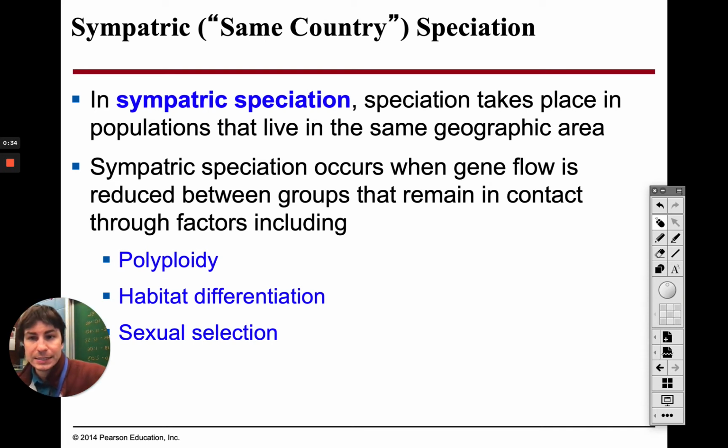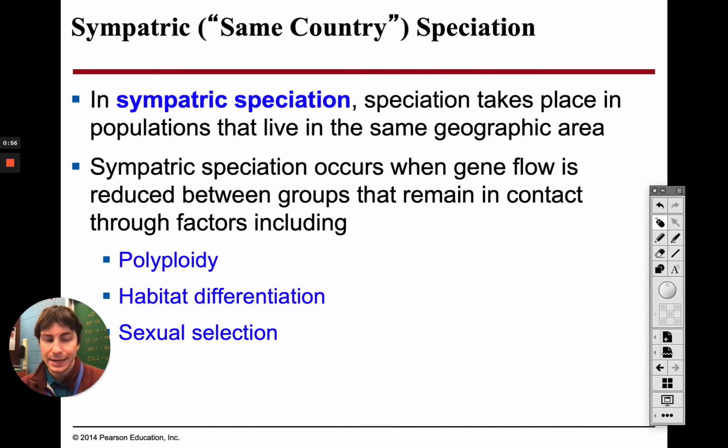So sympatric speciation is based on reproductive isolation. What this means is they can live right next to one another, but something is prohibiting them from producing viable offspring. And what I mean by this, guys, is they still might make offspring.